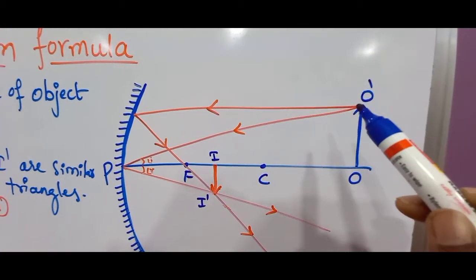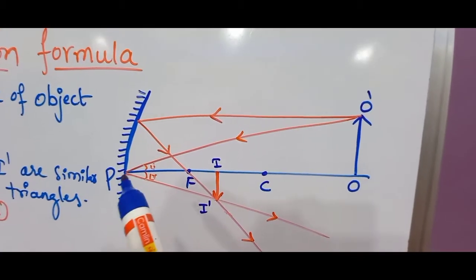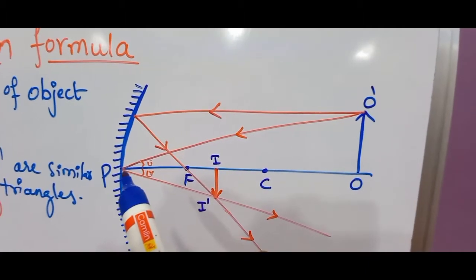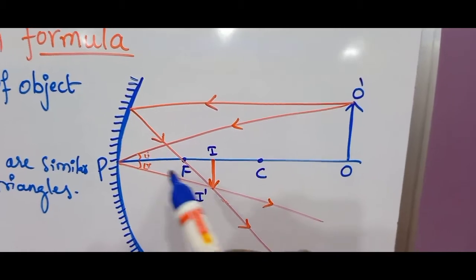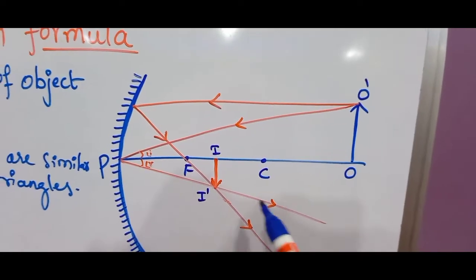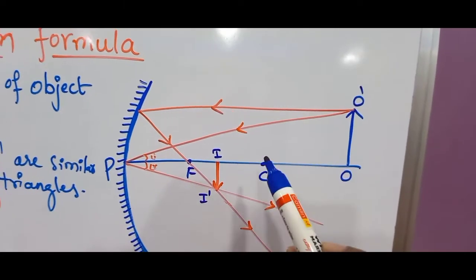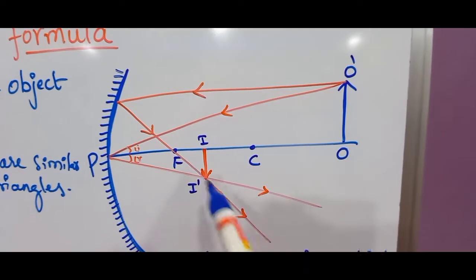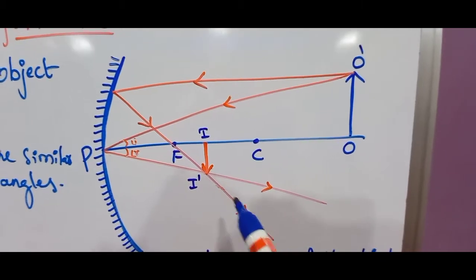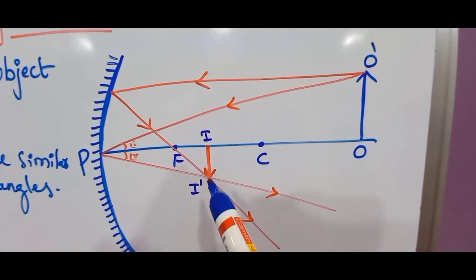The second incident ray, which is incident on the pole of the mirror, reflects by making the same angle. Whatever the angle of incidence, the same will be the angle of reflection with the principal axis. So we have to represent the two reflected rays like this. These two reflected rays meet at a point.